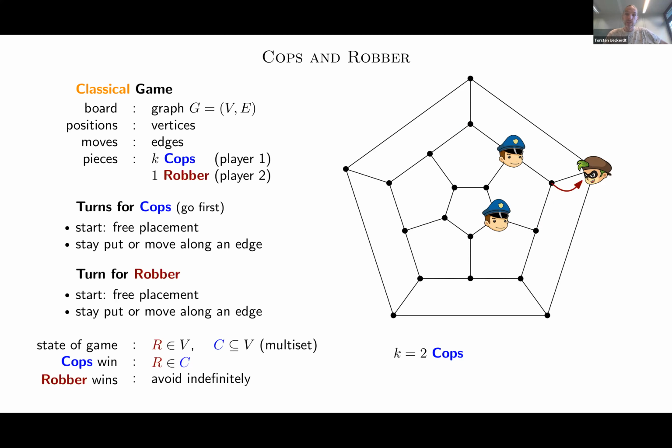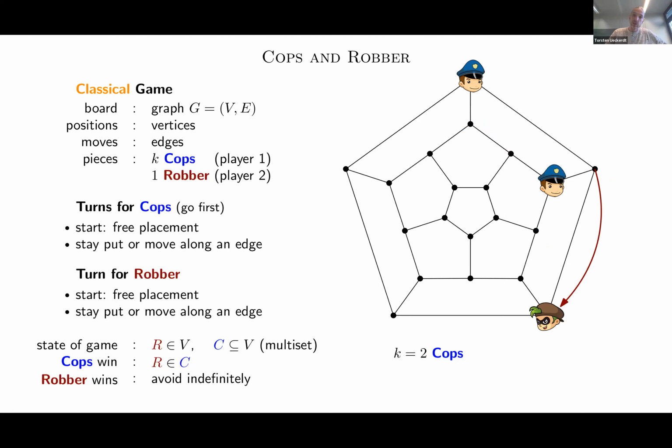And now maybe the cops do something like this. This cop is guarding this position, this cop is guarding this position, but still the robber could go down here, but actually he could also just stay where he is. It's also allowed, he's not threatened. So let's just assume that the robber stays where he is. And now it's the cops' turn again. The cops maybe do something like this, and the robber can flee there.